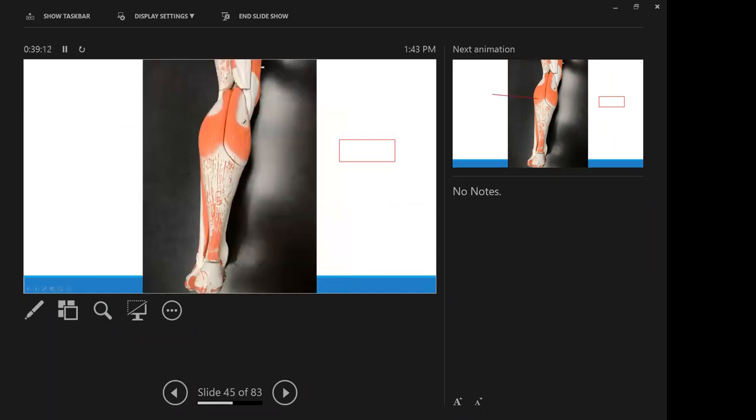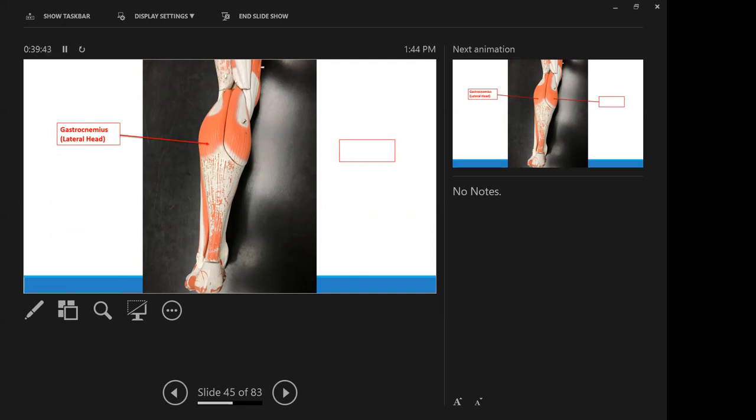So, okay, now we get to the lower leg. This is one of the really important muscles here. This is the counterpart to the tibialis anterior. This is the gastrocnemius muscle. The gastrocnemius muscle has a lateral head and a medial head. Its origins are on the lateral and medial condyles of the femur.